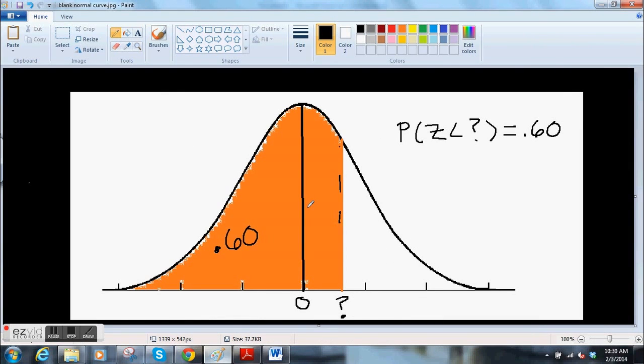So if we go back to our picture, we're saying this number here is about 0.25 or 0.26. And some of you might be really stressed out and think, well, isn't it right between them? Sure, that's fine. It can be 0.255, but really 0.25 or 0.26 would be fine for a problem like this.